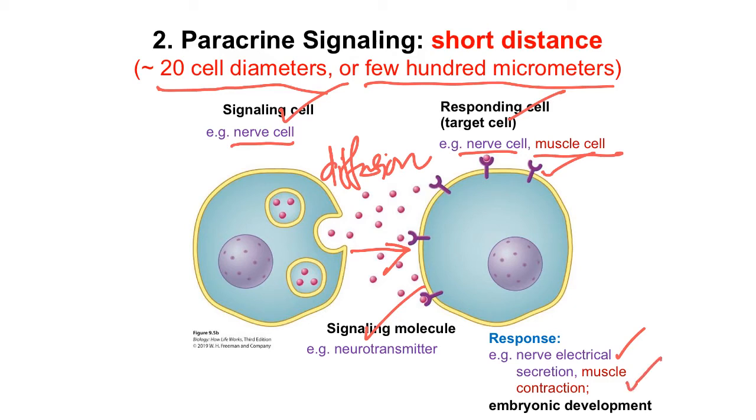And also in embryonic development, many of the signaling molecules involved in paracrine signaling are growth factors that stimulate cell division and development. So this is a very common mode of communication between cells in multicellular organisms.